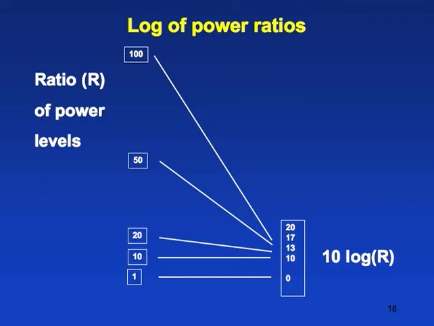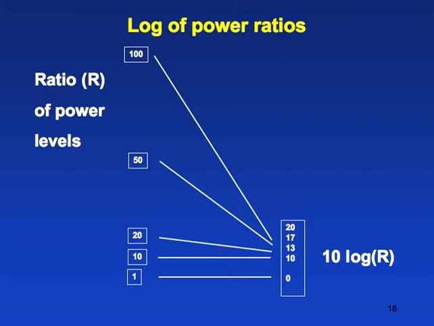So you can see how the number for the ratio is compressed. 100 goes to 20, and it gets compressed even more. 1,000 would be 30 over here. 10,000 would be 40. So you begin to see the pattern. And if you have numbers less than 1, like 0.1, 100th, 1,000th, then this would be like a mirror image, and it all goes down below, and you have negative numbers.